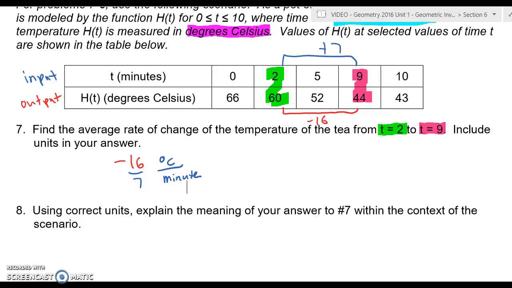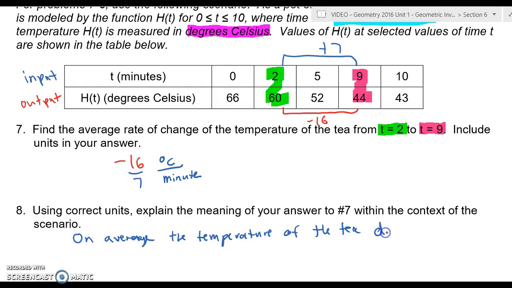Number 8, using correct units, explain the meaning of your answer within the context scenario. So what does this all mean? So again, the first thing we want is that on average, the temperature of the tea, and in this case we know it's a decrease because our average rate of change is negative.